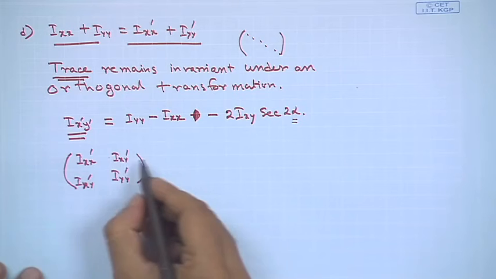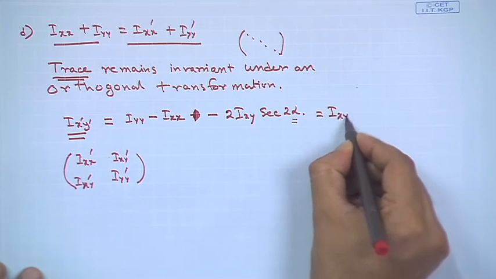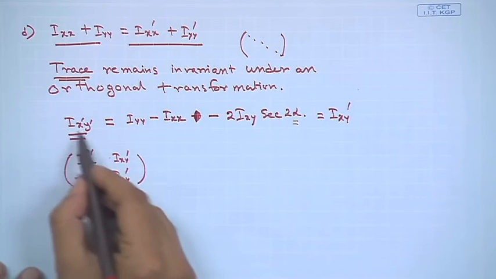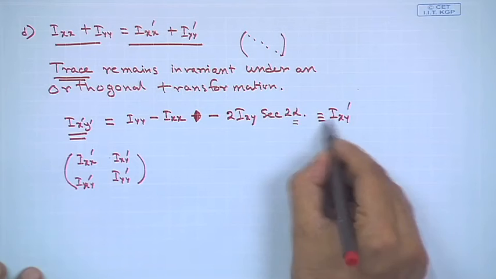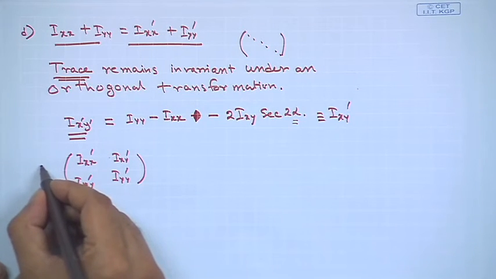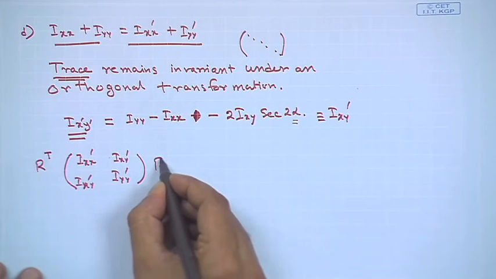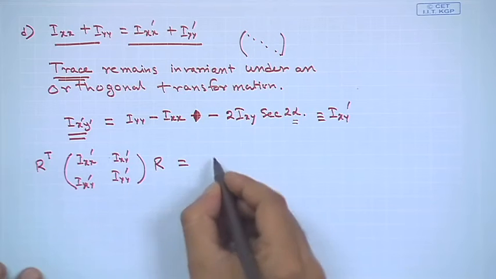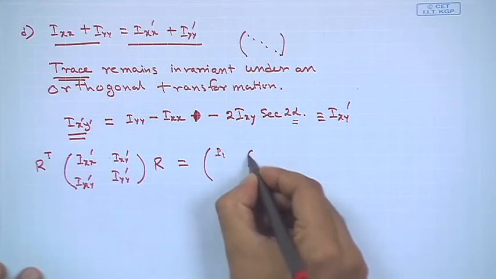What we have written here is actually equal to I xy prime; I have noted it with I x prime y prime. It is the same thing. So, what happens is, we can always find a particular R for which R transpose I R will give you I1, I2, 0 and 0.